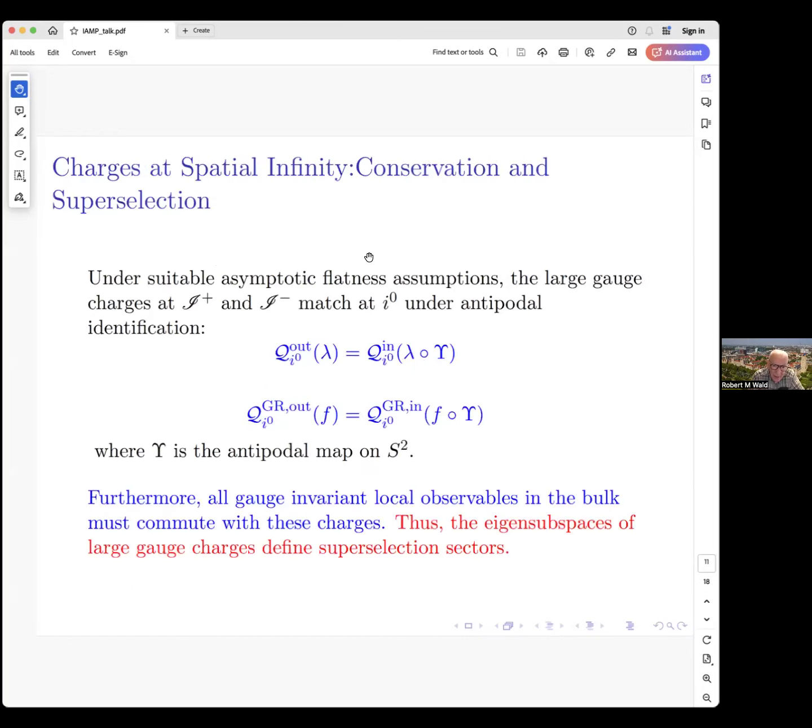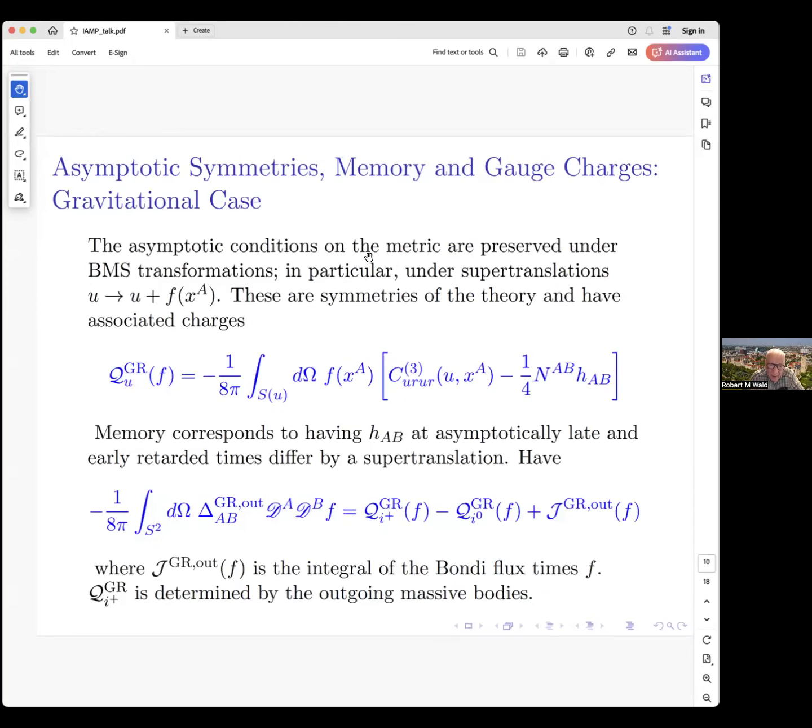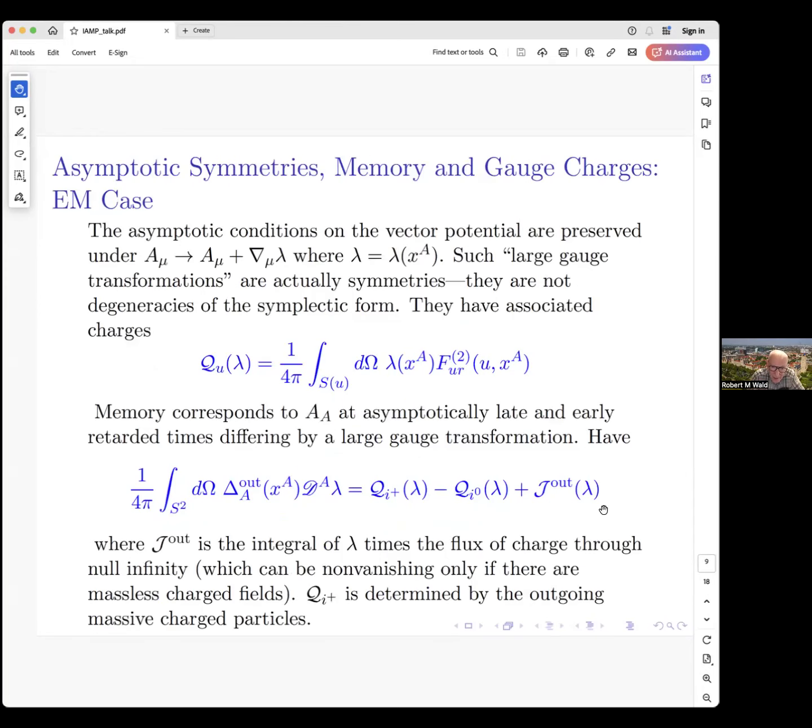But now, if I go back to this equation that relates the charges to the memory and the fluxes, I don't have any massive charged particles, so this term is 0, but I have massless charged particles, so I get a contribution from this flux.